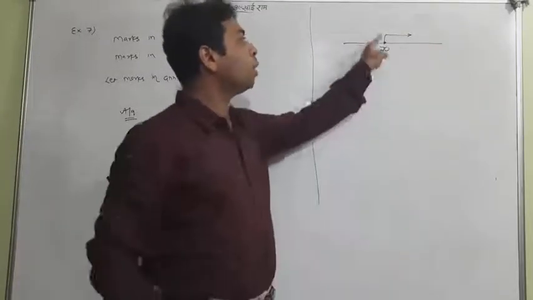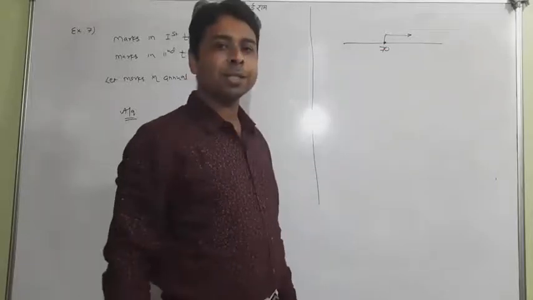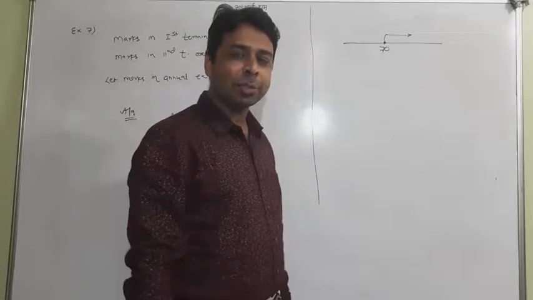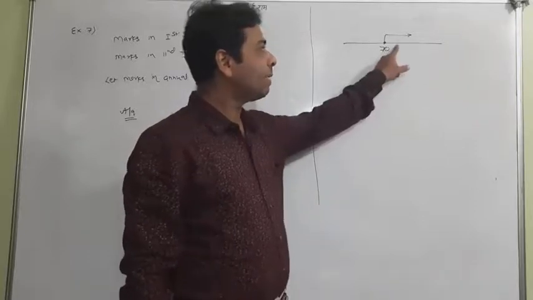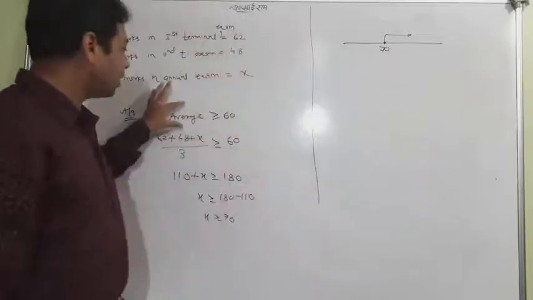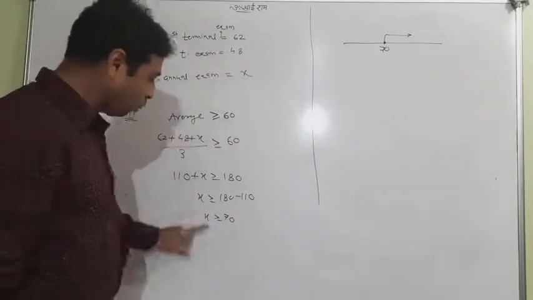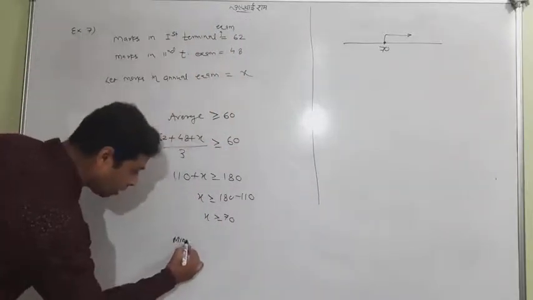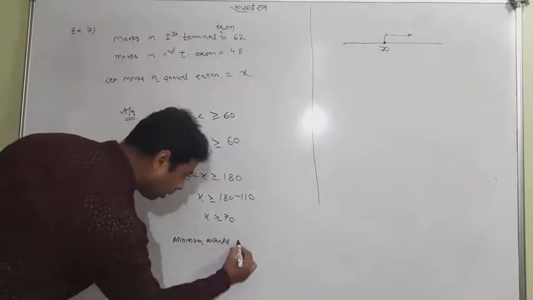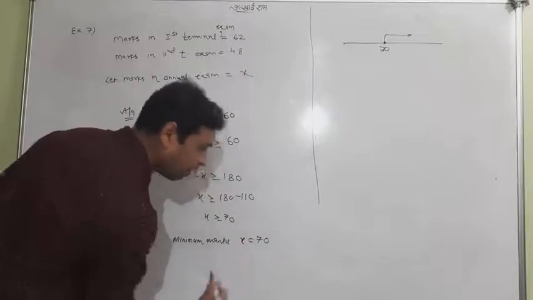So if you focus on this, what is the minimum marks in the annual examination? It is 70. You can get 71, 72, 73, but what is the minimum mark so that you can get an average of at least 60? The minimum marks in the third examination is 70.